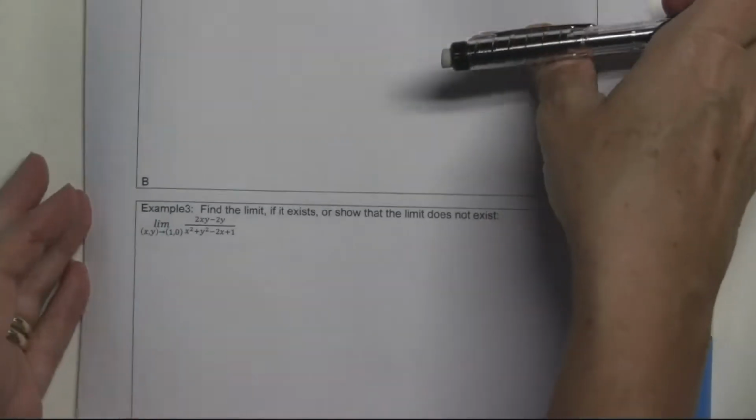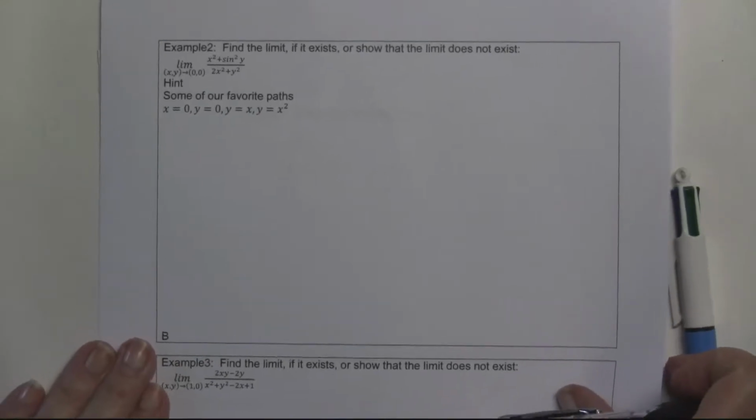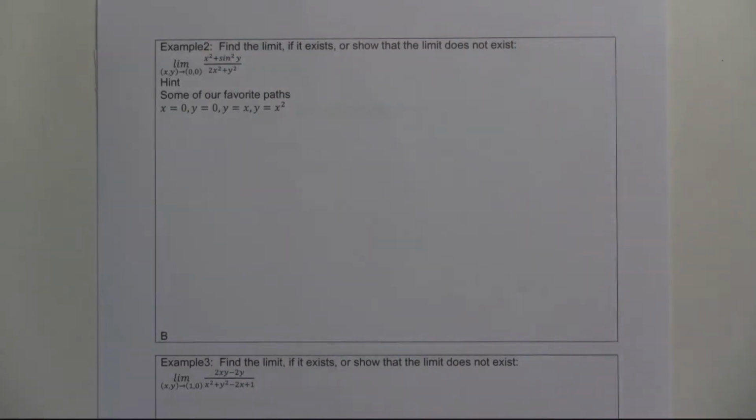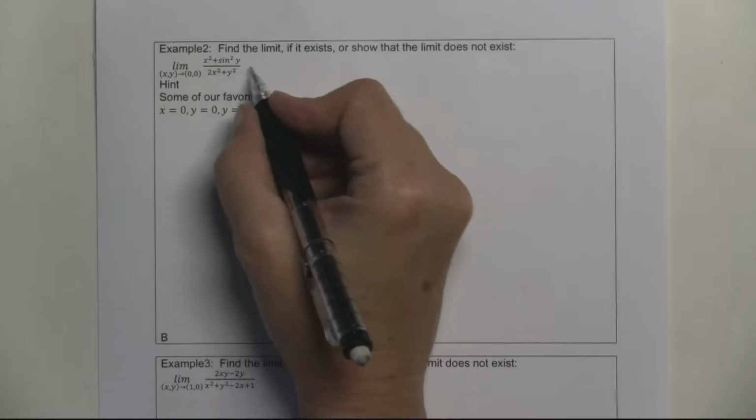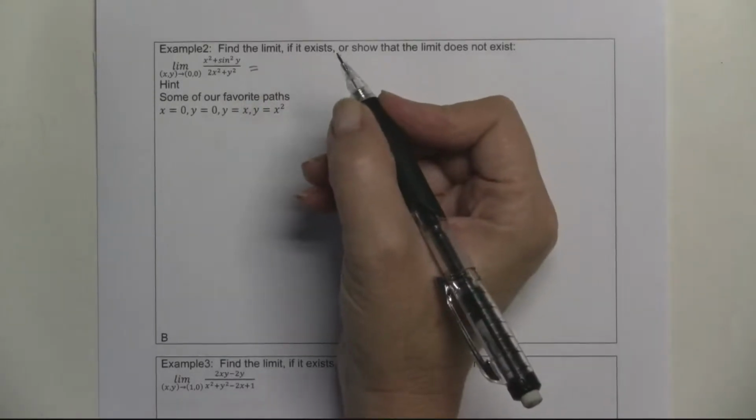So this is example 2. Find the limit if it exists or show that the limit does not exist. They're starting me out on some favorite paths. First, I would want to verify that if I substitute in, I have 0 over 0.